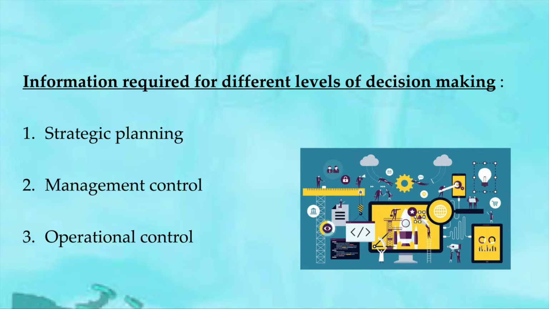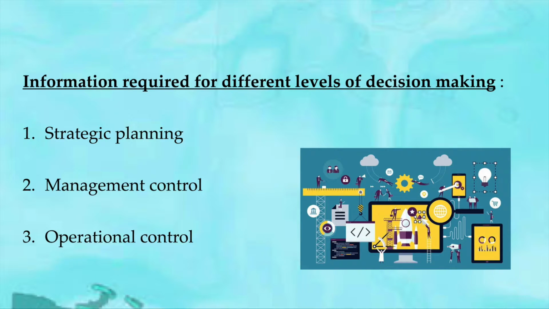So, information is required for different levels of decision making. Under what categories of decision making do you require information? Number one, we need a management information system for strategic planning. Strategic planning, as the name says, is deciding on the long term, let's say five years down the line, what direction my business will take, or what strategies my business needs to change or adapt to.